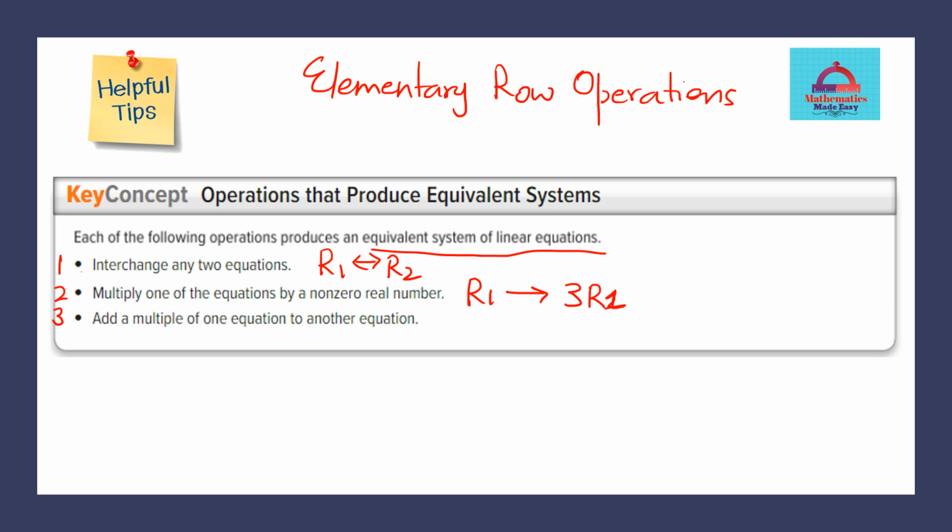And then you can also add a multiple of one equation to another. So you can make your R2 become R1 plus 2 times R2. So you can also add them and then multiply. All of these are elementary row operations. We'll be using them for solving questions on Gauss-Jordan elimination.